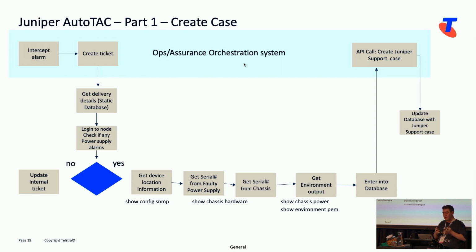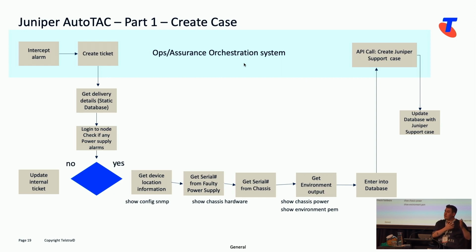So for a Juniper one, it's a PEM, so we find what PEM is faulty. Then, depending on that PEM, we grab some outputs, including show chassis power, and we grab environmental commands, and we also grab the serial number information. Then we send it back to our orchestration system, and from there we can create the JTAC case.